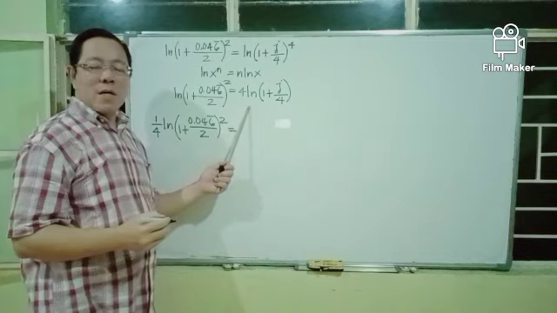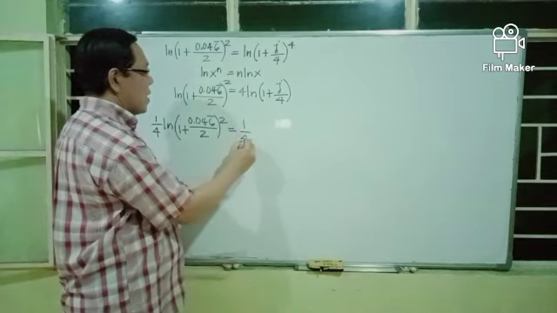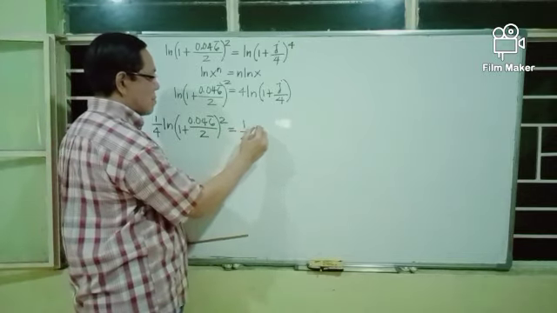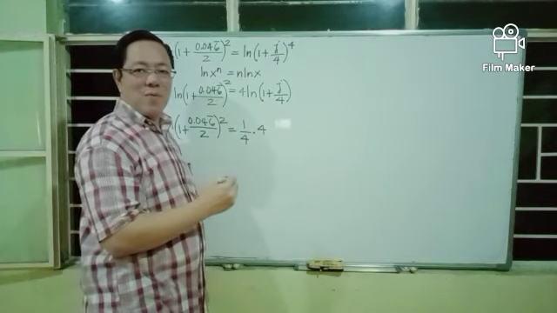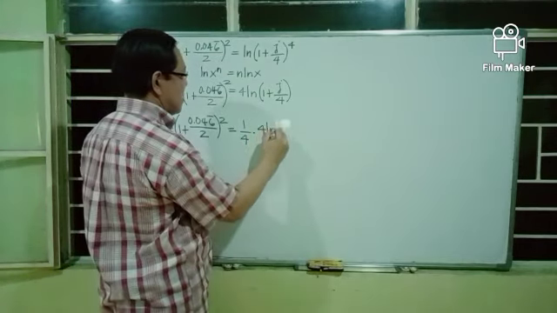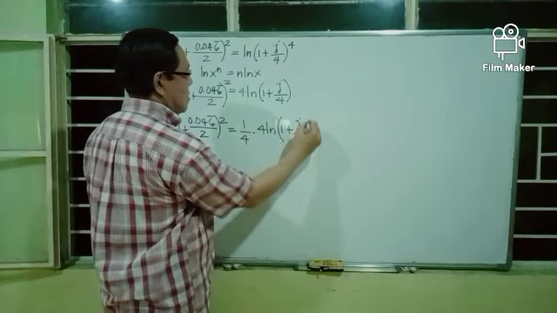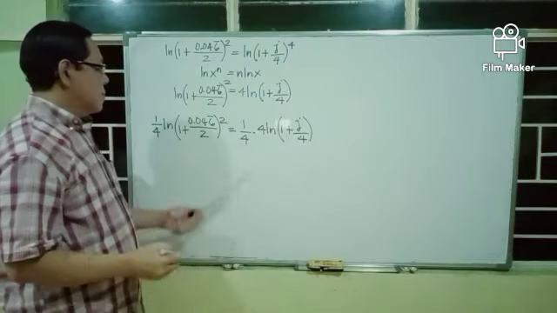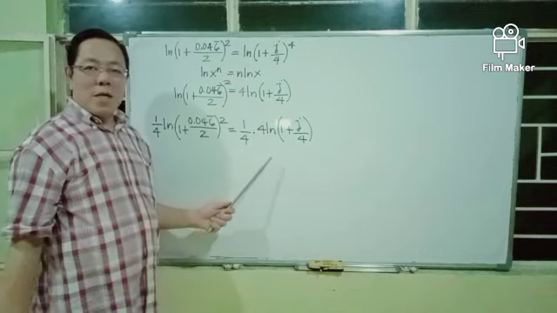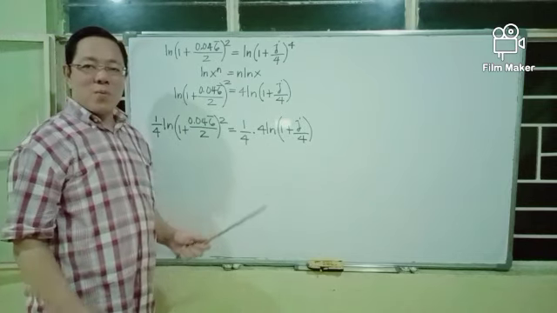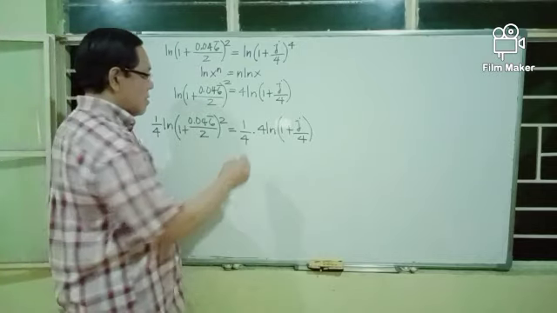And similarly, the right hand side we multiply by 1/4. 1/4 multiplied by 4 times ln of quantity 1 plus j over 4. And 4 over 4 will cancel out from the right hand side because 4 divided by 4 is 1. Or we simply cancel out 4 over 4 from the right hand side.